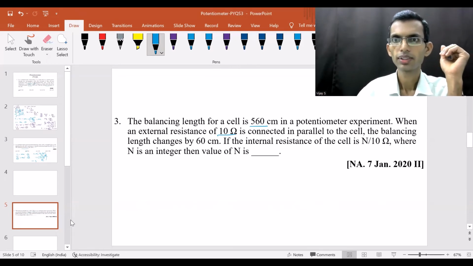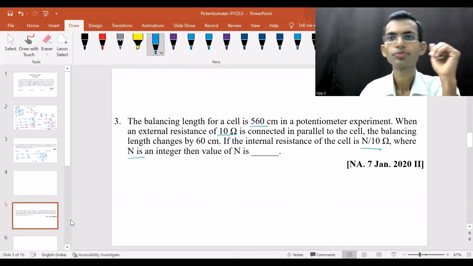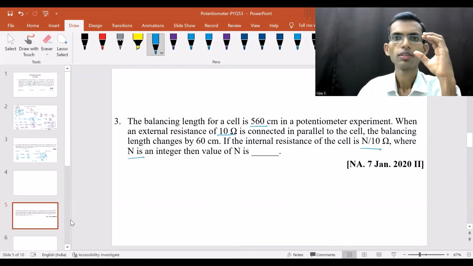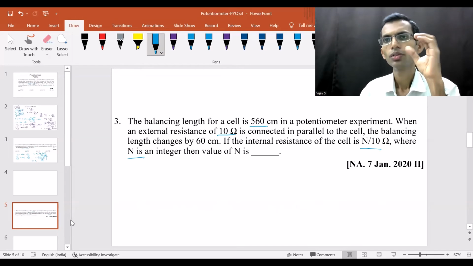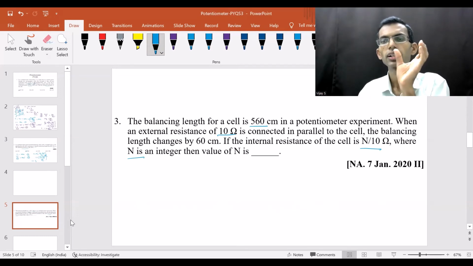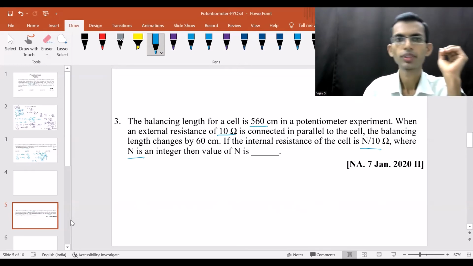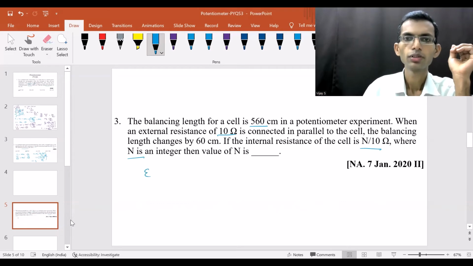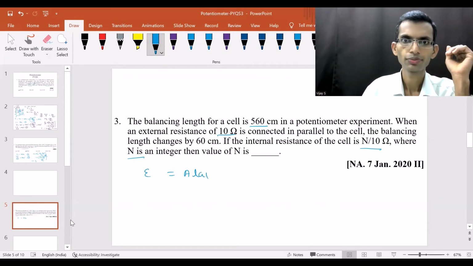So let us see. We know that for cell case at balance, cell e.m.f becomes equal to potential difference across the balance length for that case. So that is nothing but E. So E becomes equal to potential difference across the balance length, A into L1. So that we obtained in the first question.